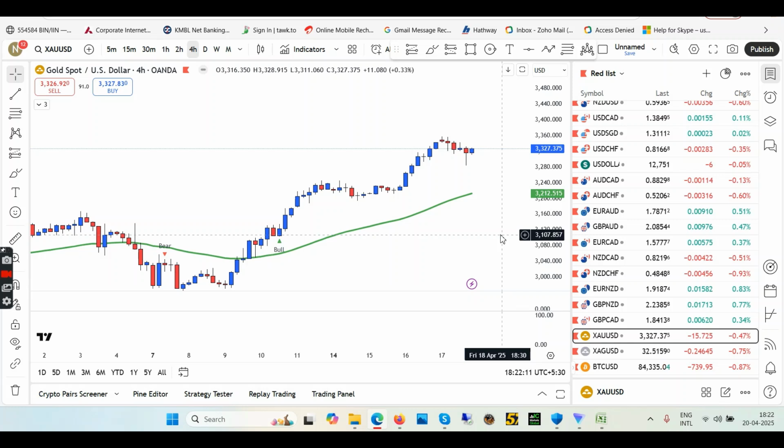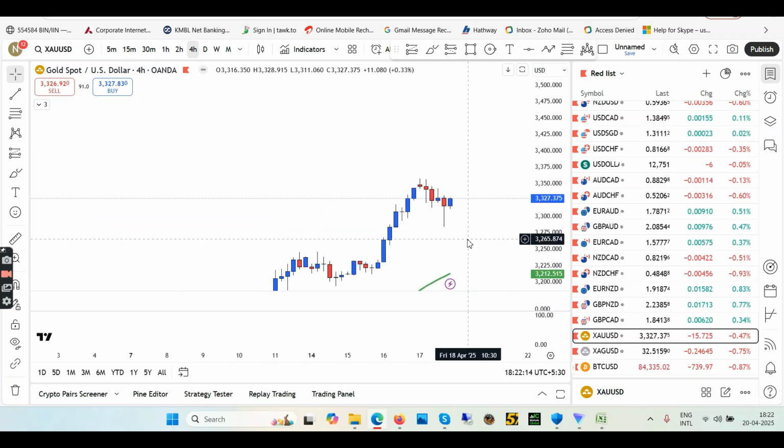If I give you a scenario of entering into the gold right now, you can see here, I am in 4-hour chart. When the market opens for gold, I don't know if the market of gold will be open tomorrow or day after tomorrow, but I will upload this video today itself. So whenever the market of gold opens, you can see a long wick came in the second last candle before closing.